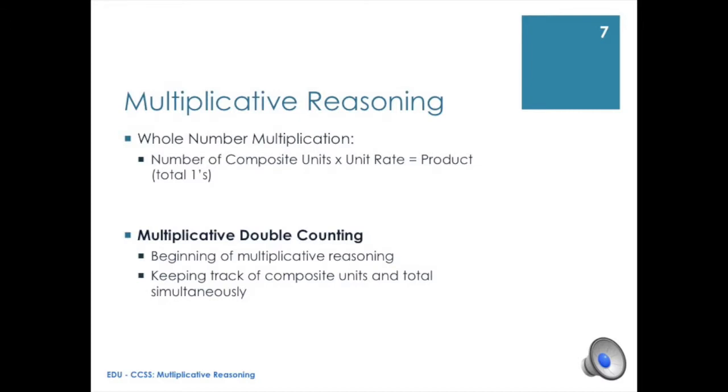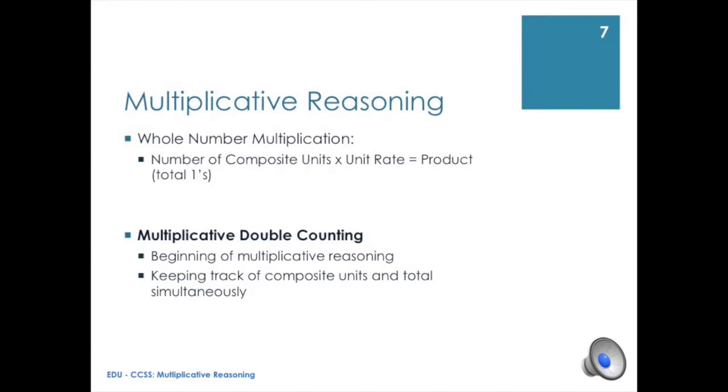On the other hand, multiplicative reasoning requires a coordination of more than one type of quantity, and we'll get into that in a little bit. Multiplicative double counting is an early form of this type of coordination.